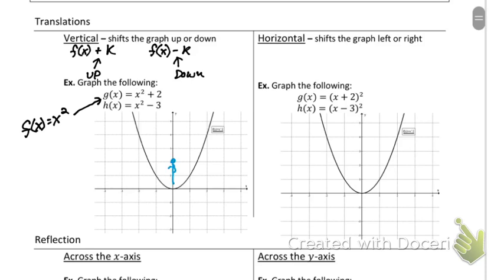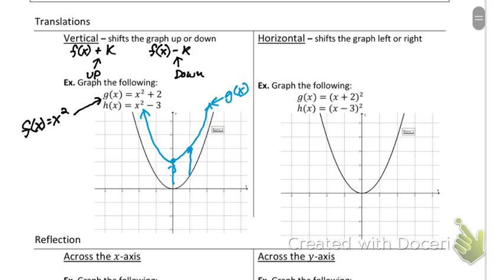So it's going to look something like this. Shift all of your points up 2. And we'd have something that looks like that. And that blue graph is just our g of x. It is up 2. Then down 3 is just shifting all of our points down 3.